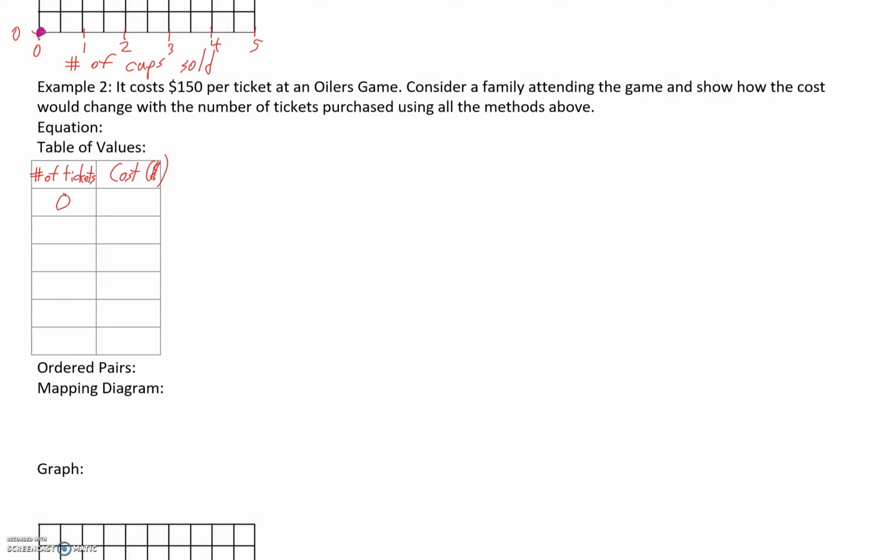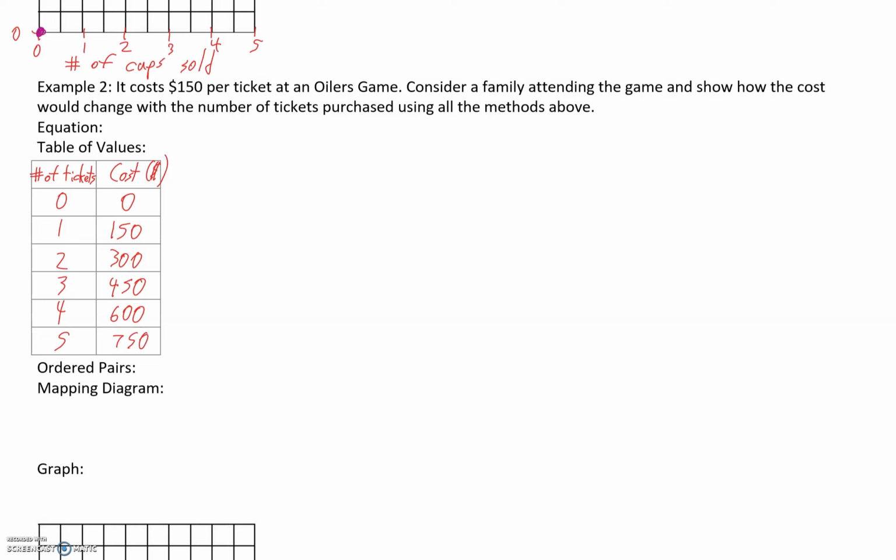Okay, so if you purchased 0 tickets, 1 ticket, 2 tickets, 3, 4, 5 tickets. Let's do it this way. Let's start at 0. 1, 2, 3, 4, 5. The cost will be 0 at first, then 150, then 300, then 450, then 600, and then 750.